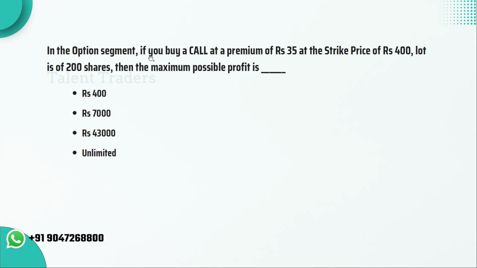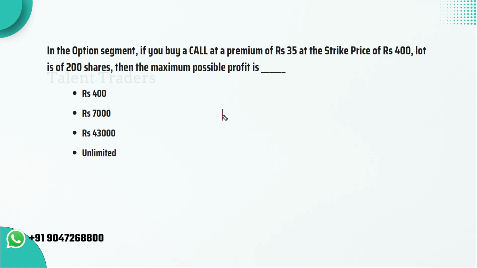In the option segment, if you are buying a call option at a premium of 35 rupees, strike price 400, and the lot is 20, what is the maximum profit? See, in option logic, this is not a question about math calculation. It is about whether you know the logic or not.